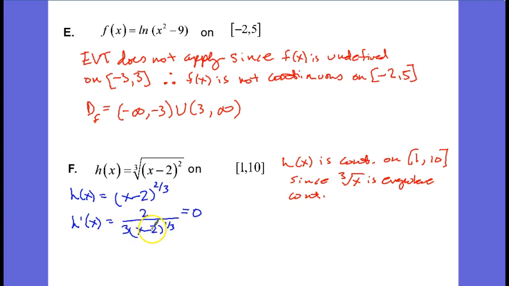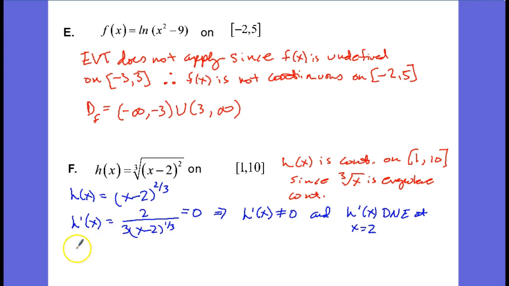So that means I will have a critical value at 2. h prime of x is not equal to 0 for any value of x, and furthermore, h prime of x does not exist at x equals 2. Remember, the definition of our critical values was where the derivative equals 0 or does not exist. So 2 is going to be a critical value.